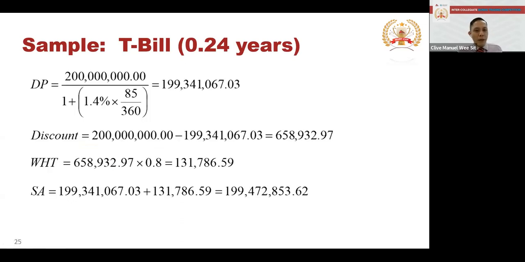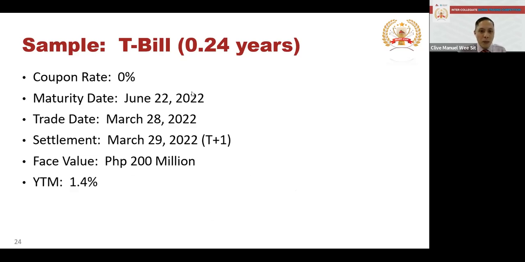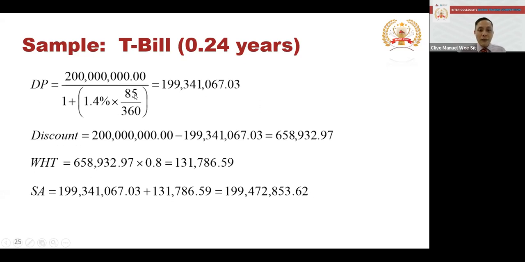If we implement the formula, the discounted proceeds, given a 200 million face value and a 1.4% yield to maturity, and given that we are buying this bond on March 29 settlement date, there are 85 actual days from March 29 until the maturity date of June 22, 2022.